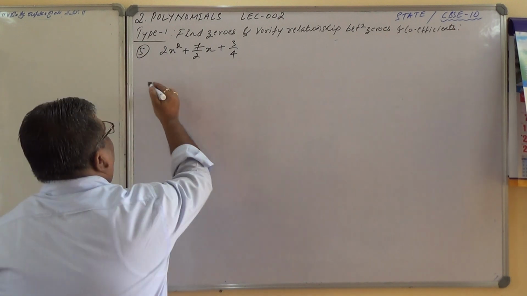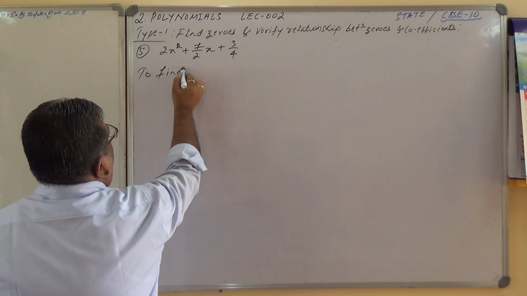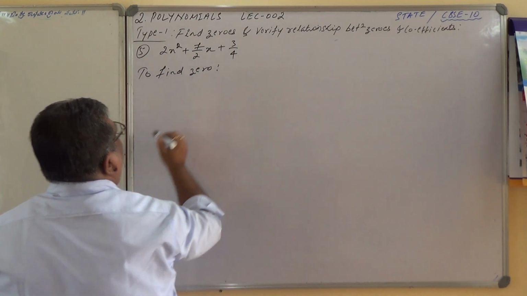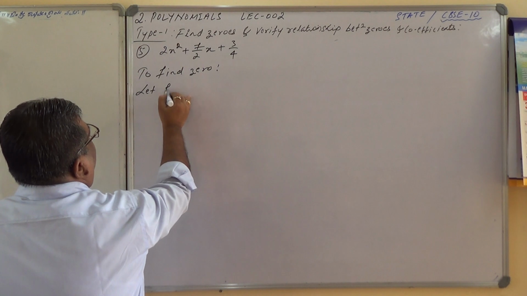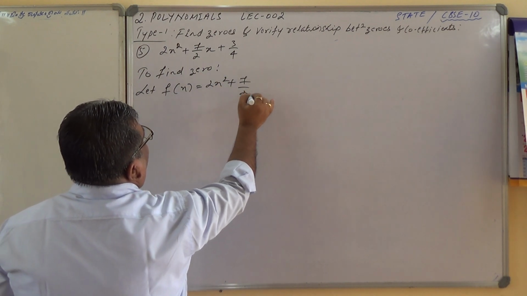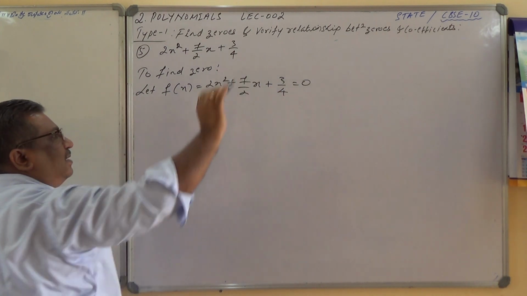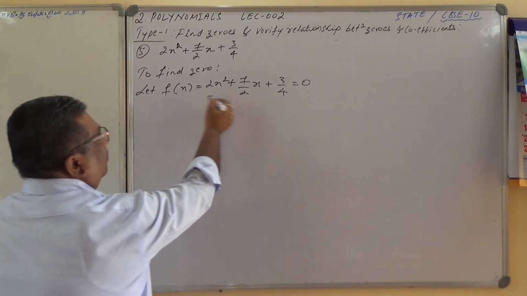Say for example, let f of x is equal to so and so is equal to 0. To find zeros, let f of x equals 2x square plus 7 by 2x plus 3 by 4 equals 0. In the beginning itself, I am equating it to 0. Now you have to solve only this part.